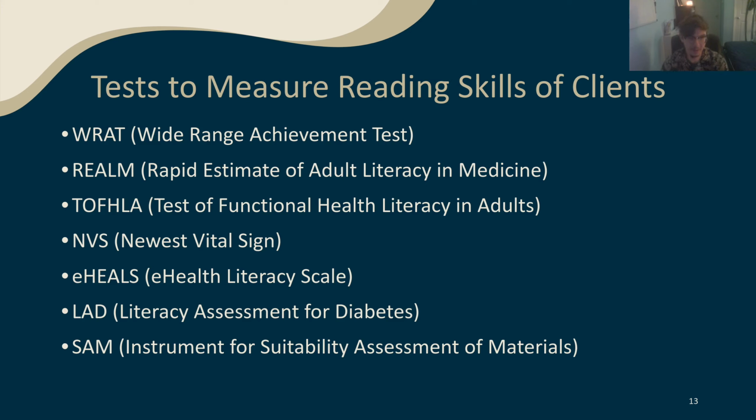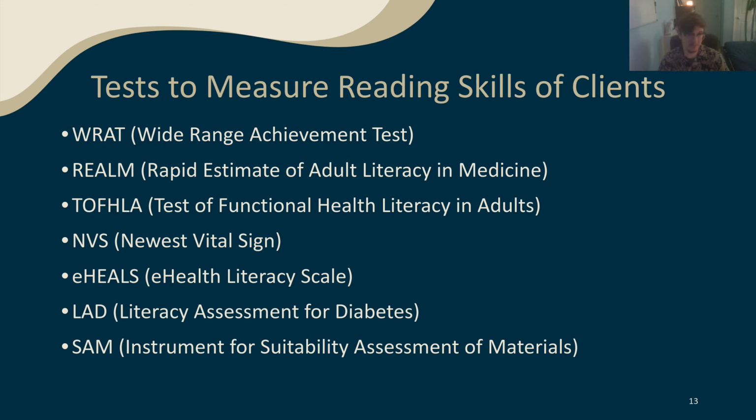And eHealth Literacy Scale, or eHEALS, is an 8-item self-reported measurement of eHealth literacy, right? So it's basically a self-reported tool that a client uses to gauge their own skills at using technology to understand health information.